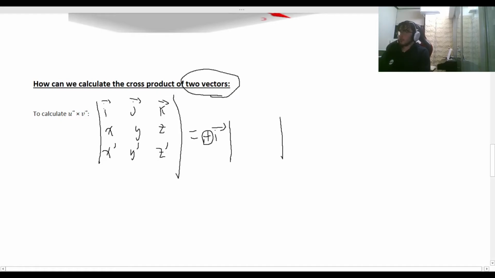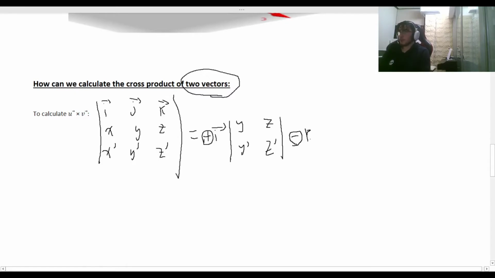I is located in the first row and in the first column, so cross them out. So what remains is this portion. Write what remains: y prime and z prime.